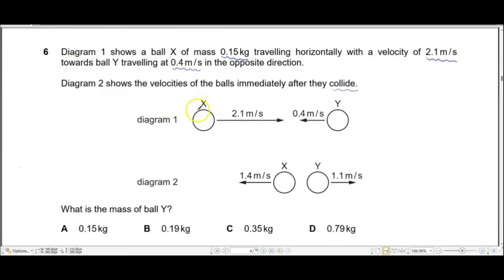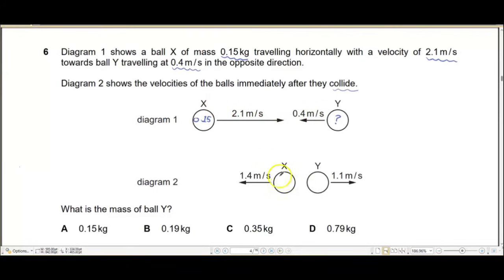So the info that we have is that ball X is 0.15 kg and is traveling in this direction with a velocity of 2.1 meter per second. The mass of ball Y is unknown, and it is traveling in the opposite direction to that of X with a velocity of 0.4 meter per second.